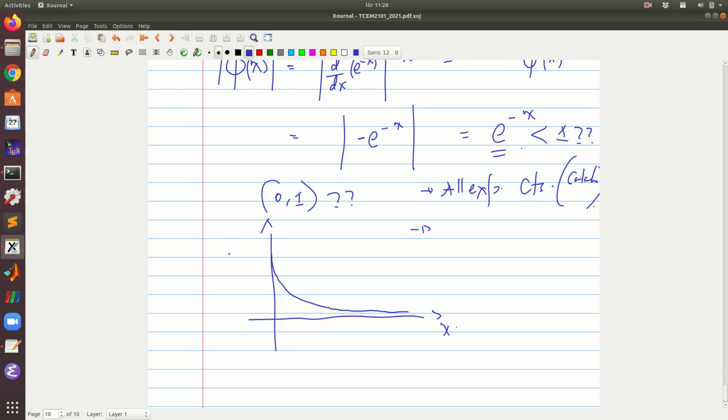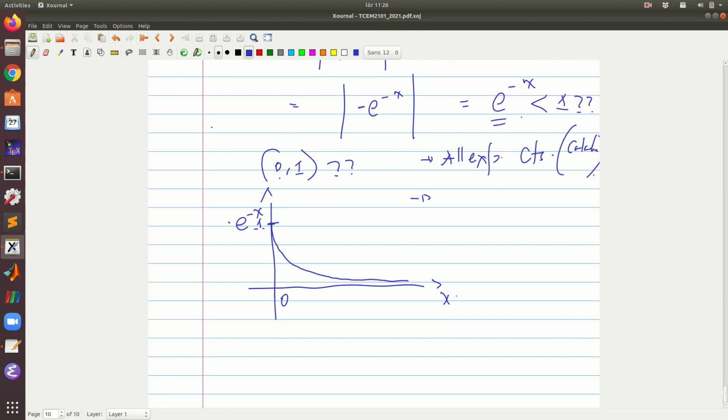This is x and this is the value of e to the minus x, and this is 0, and the value here is 1. So we know that it is less than 1 on the open interval for numbers between 0 and 1, so that is going to work for us.